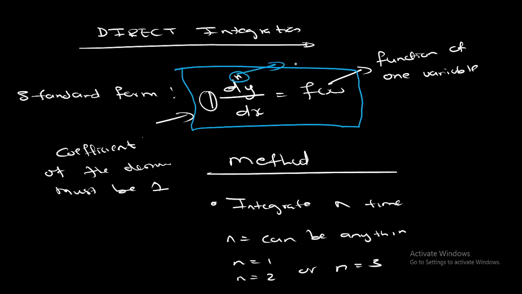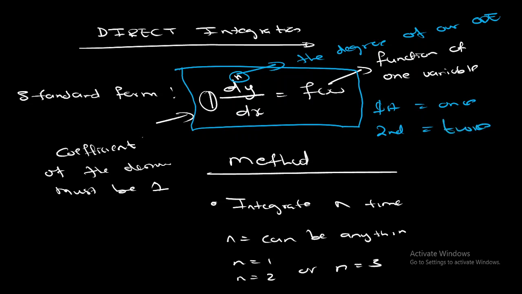This n here actually represents the order of our ODE. So if you are having a first order differential equation, it means you integrate once. If you are having a second order, it means you integrate twice. Please keep that in mind.